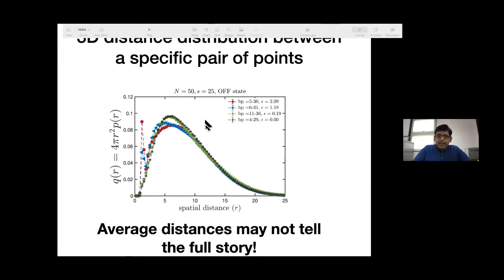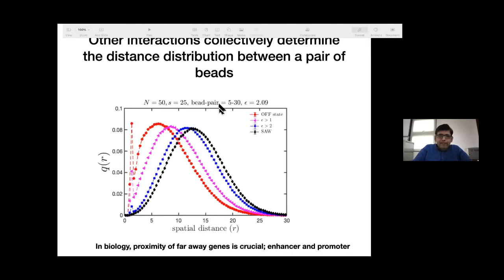Then you can ask a different question: if you take segments 5 and 30, and you know the interaction strength between those two segments is 2.09, does this interaction strength alone determine everything, or will interactions between other segments also decide the distribution of P of r_ij between these two segments? And it turns out that they will.